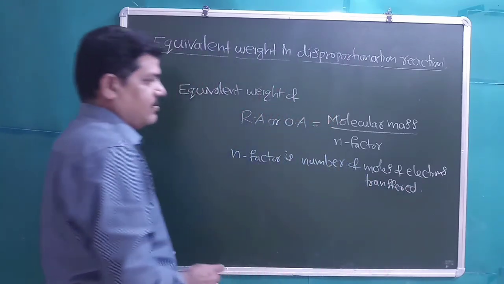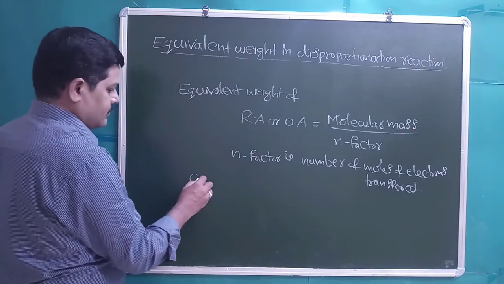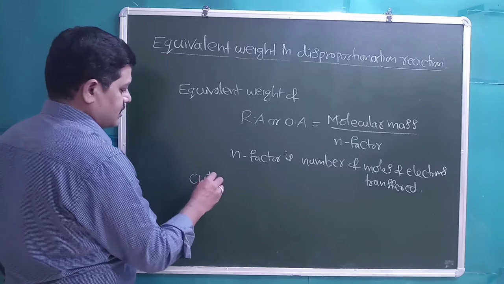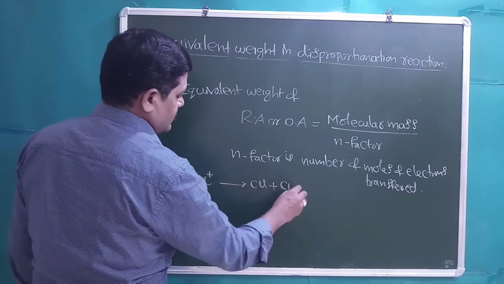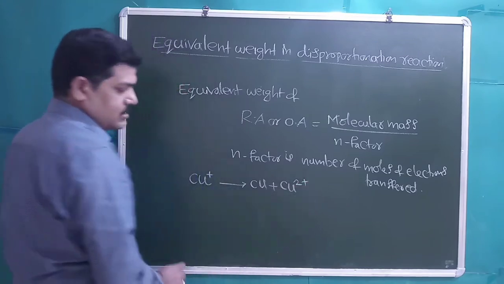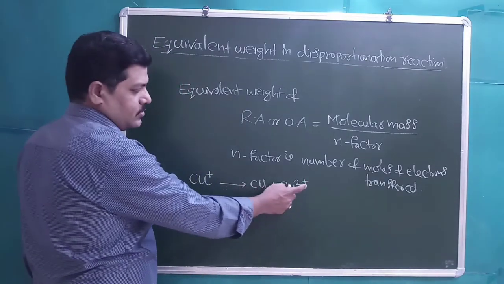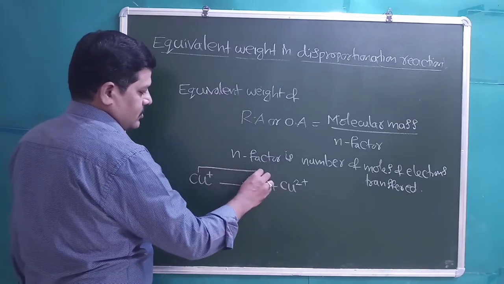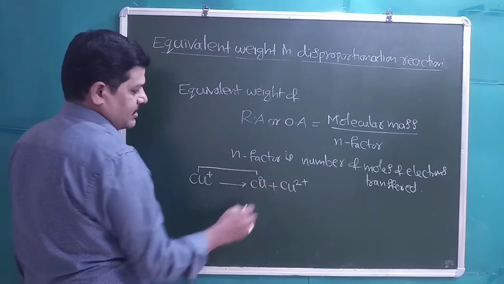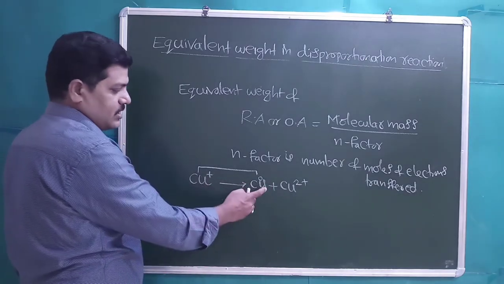Students, for example, we will take one disproportionation redox reaction. Cu+ is converting into Cu and Cu2+. Cu+ to 0, the elemental state, where the oxidation number of an element is 0.